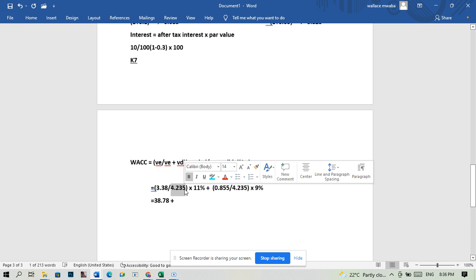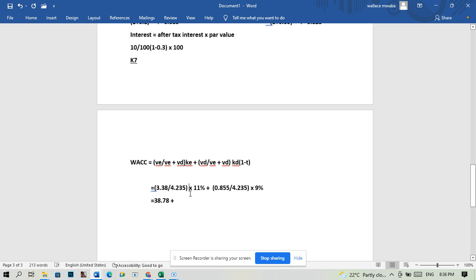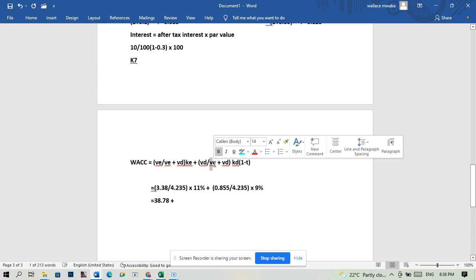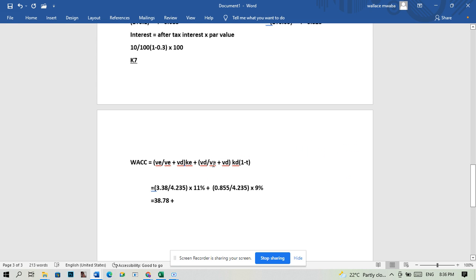What about the second one, which is VD divided by VE plus VD? When we are factoring in, we have forgotten the plus.